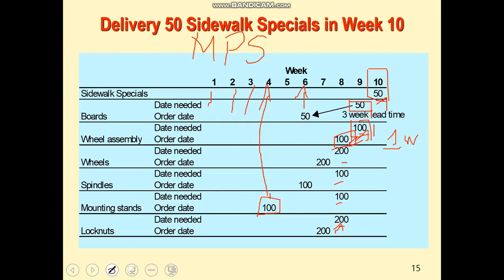However, we still need to use the information from the inventory record. For example, we need to have 50 fiberglass boards. However, in the inventory in the warehouse we already have 20, so we only need to order 30, right?